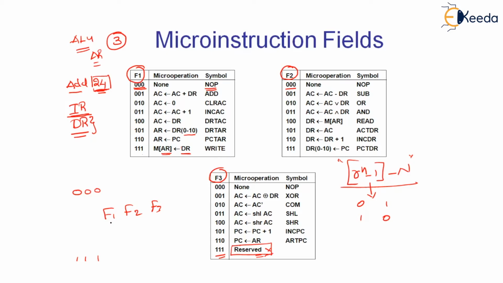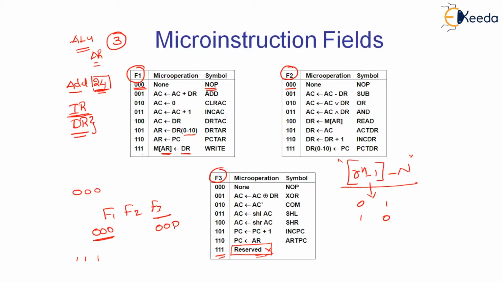Sometimes F1 doesn't have anything to perform. At that time, F1 will be equal to 000, meaning in the F1 field, there is no operation. In F2, there might be an operation. Again, in F3, it will be 000. That means every micro instruction can have a maximum of 3 micro operations. From 1 to 3, any number of micro operations we can have within a micro instruction.